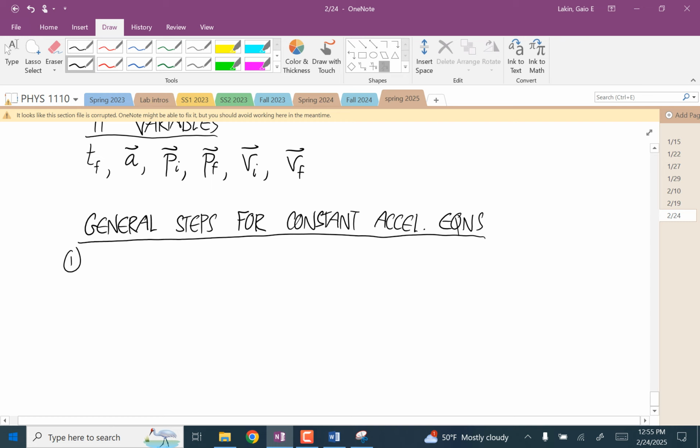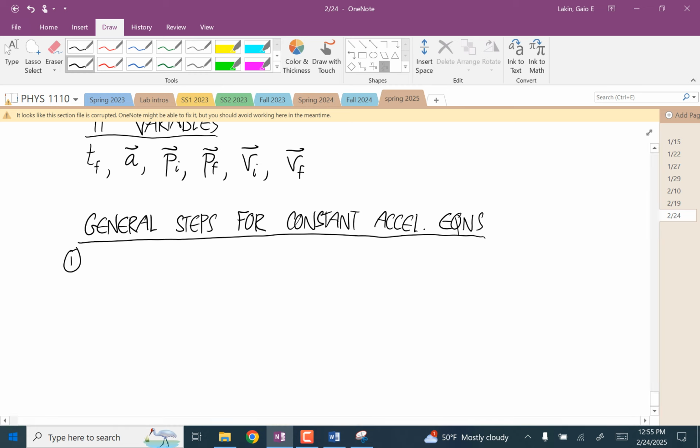What was the first step in one-dimensional constant acceleration problems? Try to find an equation where you. That's a step, but not the first one. The first one was we had to choose 4 things: the 0 position, positive direction, time equals 0, and time final. And we're going to do the 2-dimensional versions of that to start.